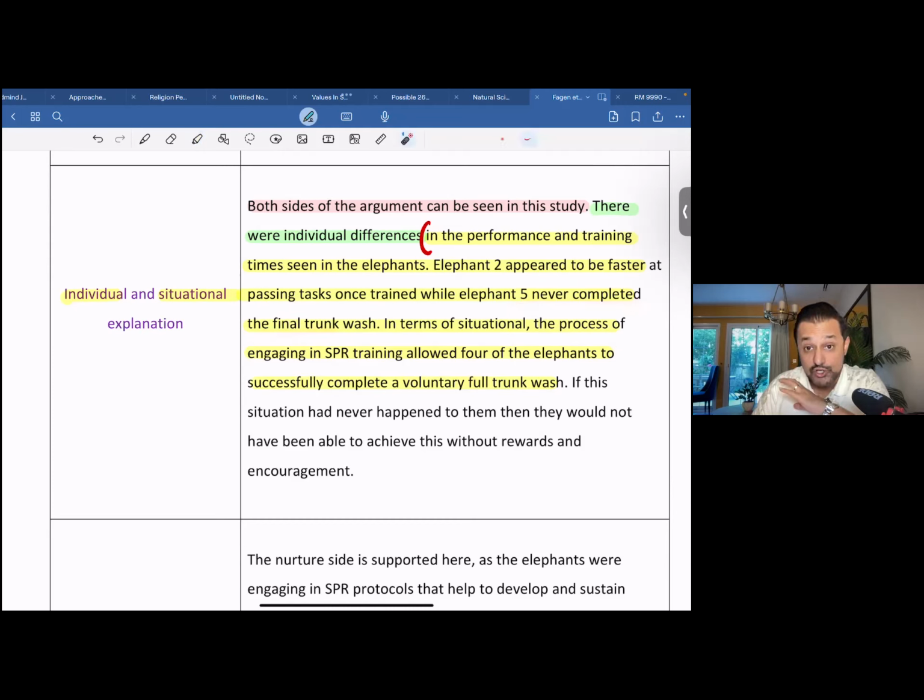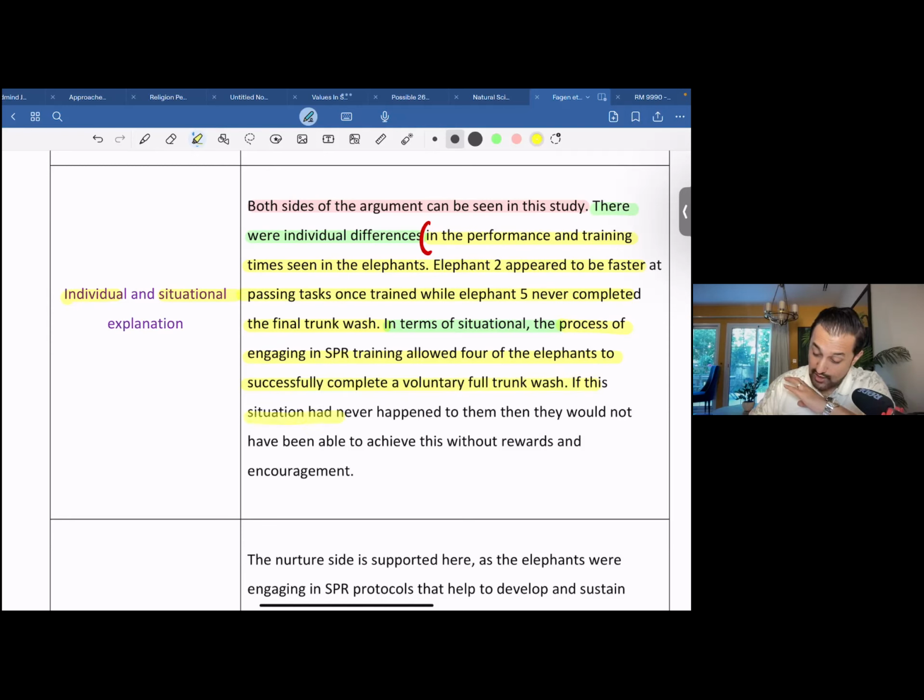In terms of situation, if we move on towards the situational context here, I'll highlight this with a different color so that you all understand the difference. The process of engaging in SPR training allowed 4 of the elephants to successfully complete a voluntary full trunk wash.